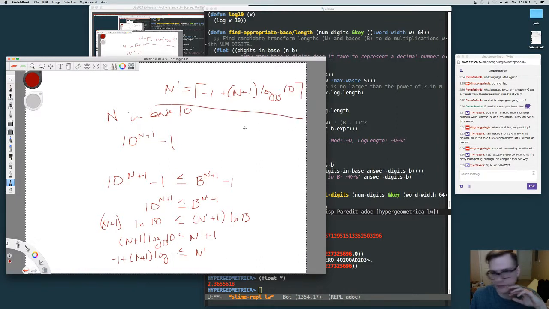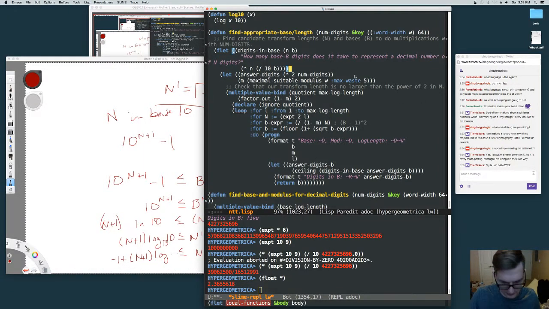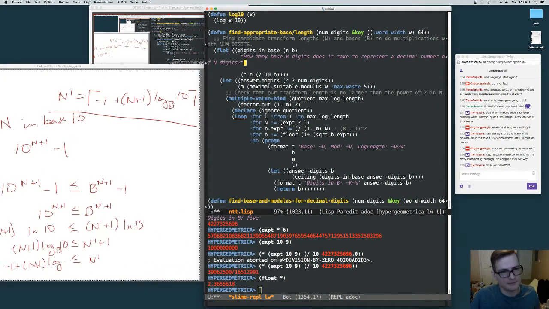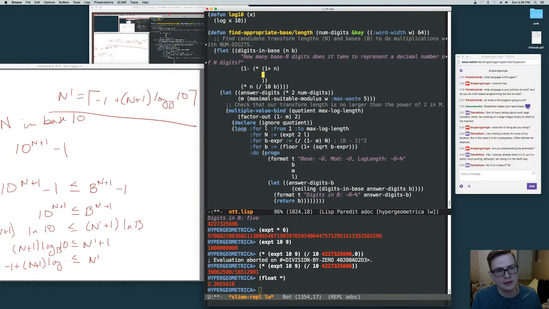So I was way off, actually. My dumb little function here is not even close. So let's move this over here. This is 1 minus the multiplication of 1 plus n times the log of 10 in base b.